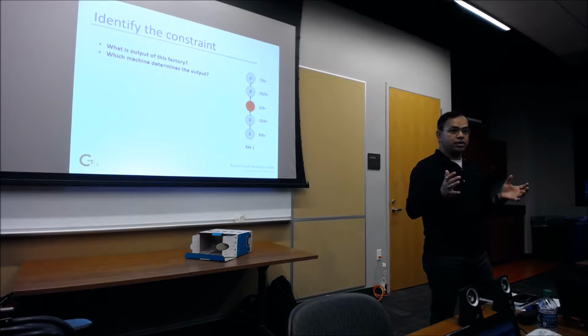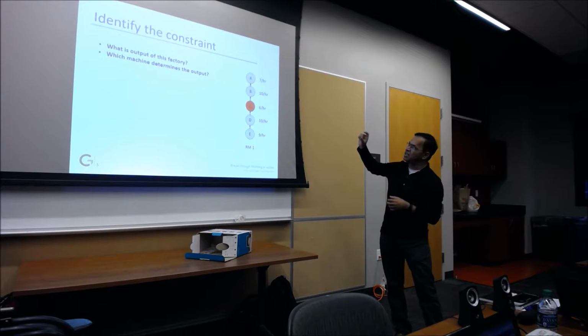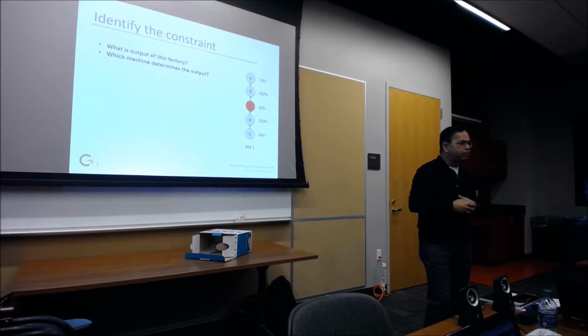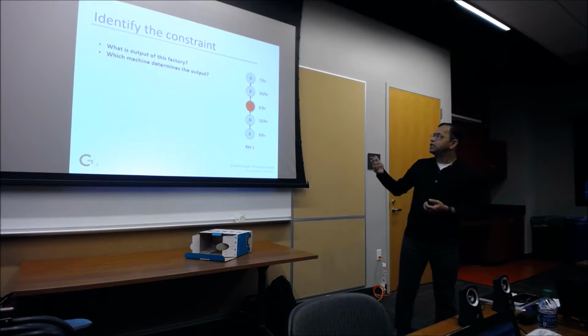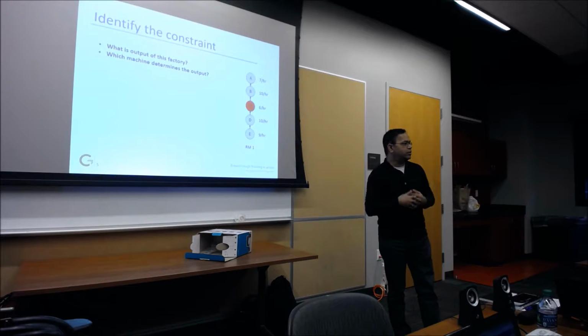We do not know this. The knowledge of just this gives a lot of ease with which we can manage an organization. So let's say we know what is the constraint. How much can we produce? How much can this system produce? 6, right?